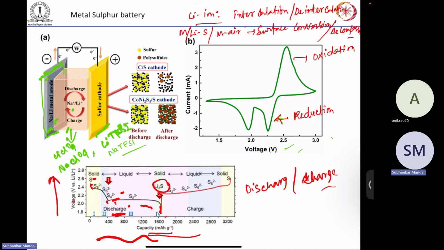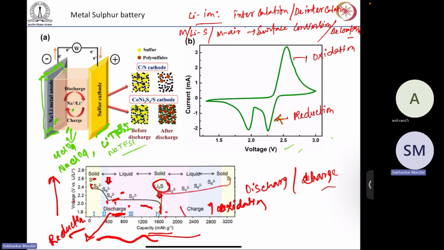So this is the discharge product. This is the reduction of sulfur. And the oxidation is the charge process. Okay. And the discharge process is the reduction.